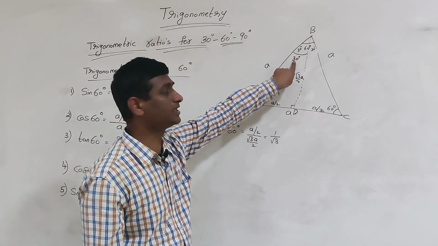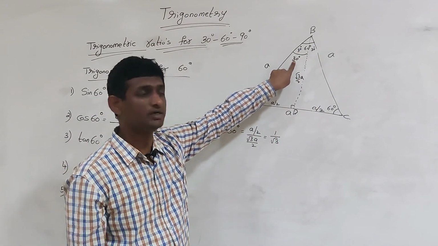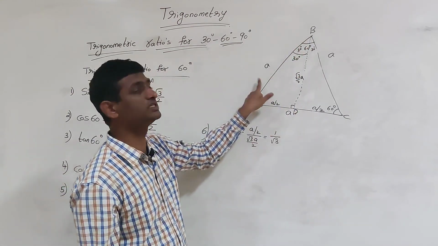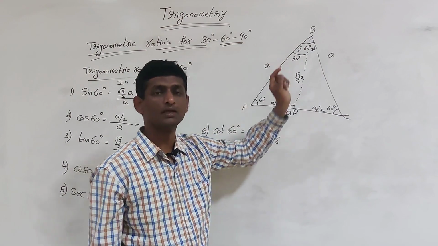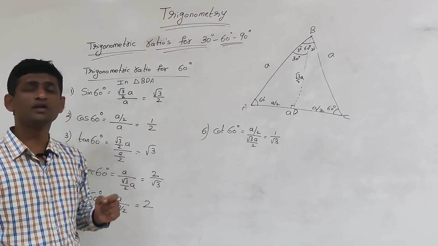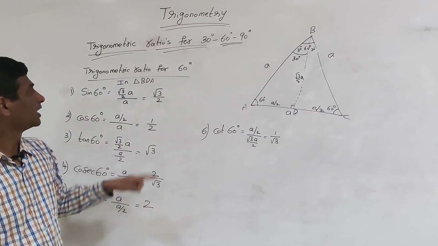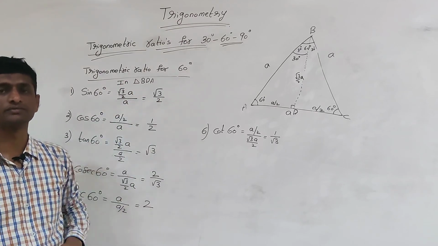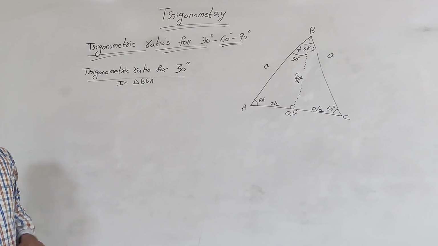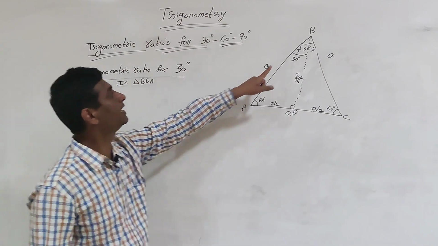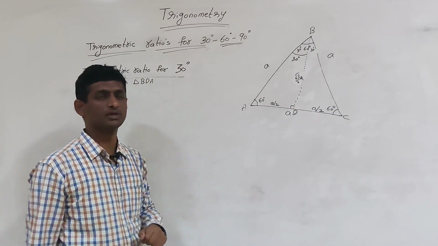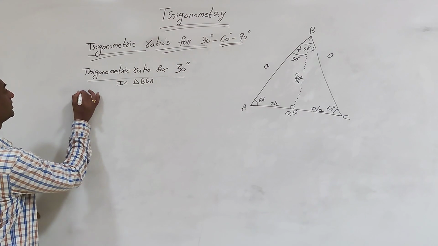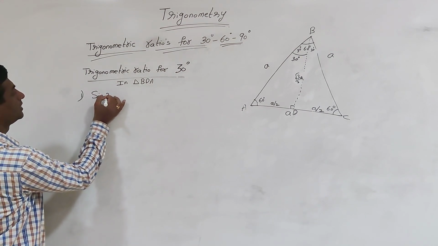So for 30 degrees, what is the opposite side? AD. Adjacent side will be BD and hypotenuse will be the same, that is AB. These are the trigonometric ratios for 60. Now we'll go for 30 degrees. In the same triangle BDA, first one, sin 30 degrees.